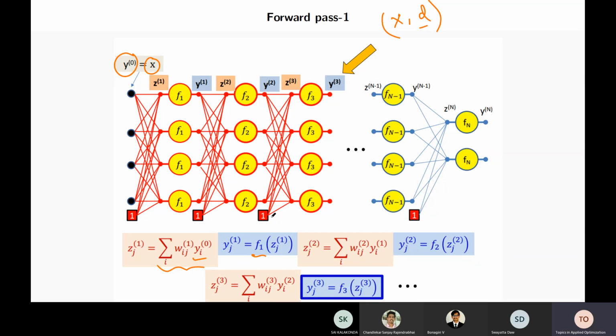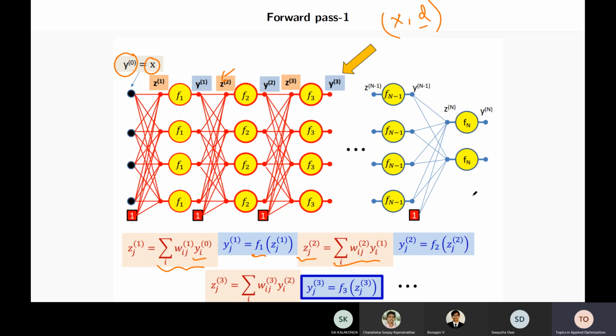Then you do an activation again in the second layer, and that's when we compute the zj2. These are the vectorized forms. Z2 contains all z2 1, z2 2, and so on. So this is how we do a feed forward.